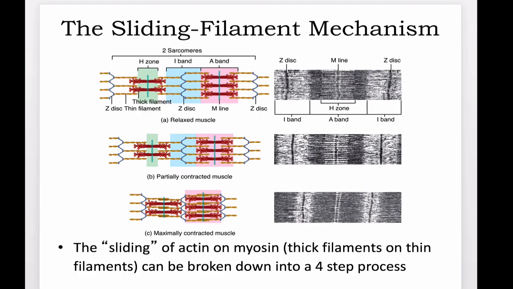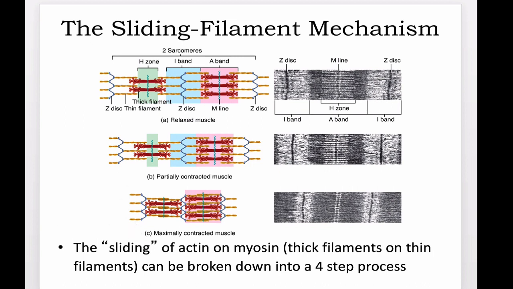If you look at this picture, with some electron microscopy, you'll see a relaxed muscle, a partially contracted muscle, and then a fully contracted muscle where these actin filaments have moved toward the midline. They're now actually overlapping each other. The muscle has gone from becoming longer to shorter. And so the muscle slides back and forth. This is how the muscle does mechanical work.